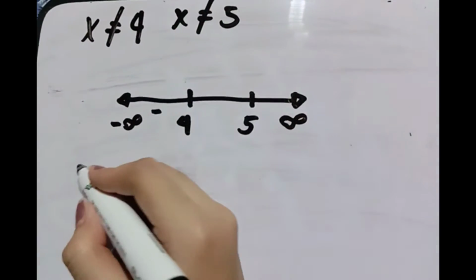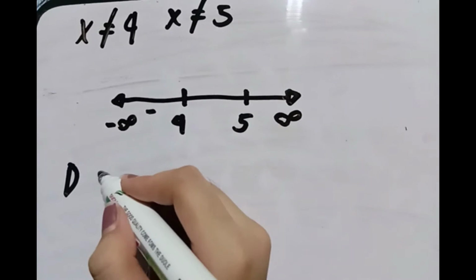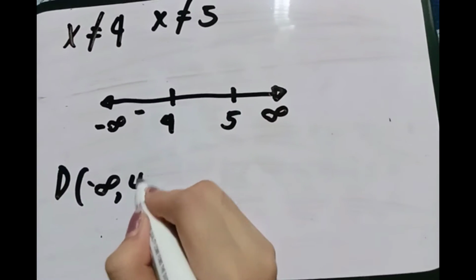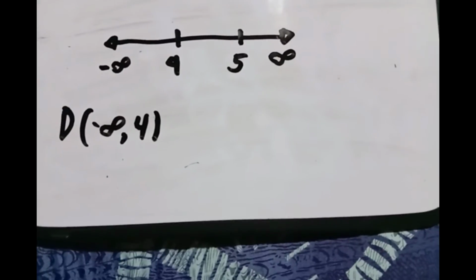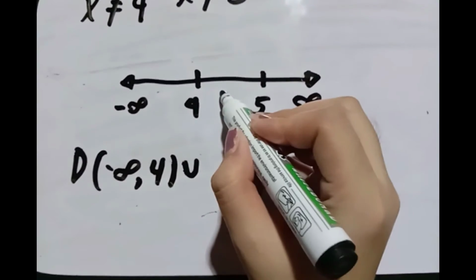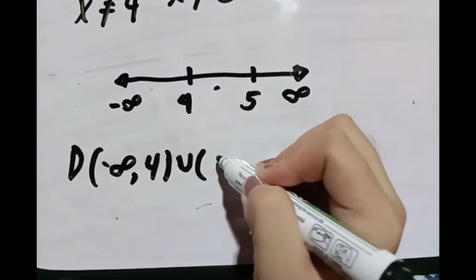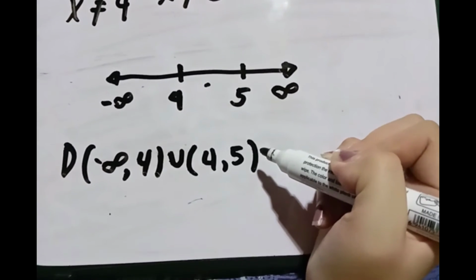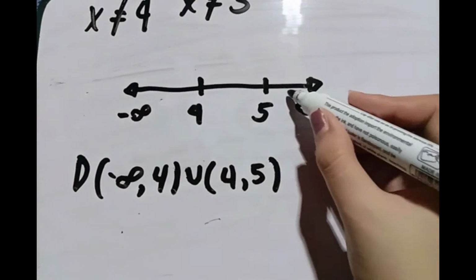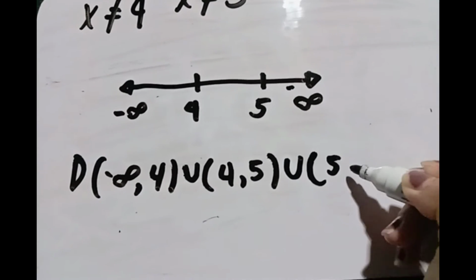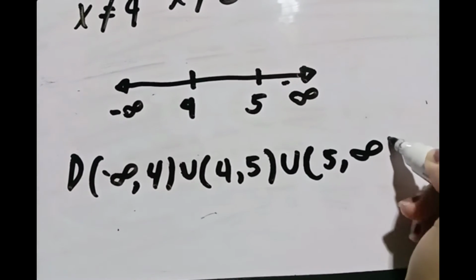In this section, the domain is negative infinity to positive 4, union, and in this middle section is 4 to 5, union, and in this last section, positive 5 to positive infinity.